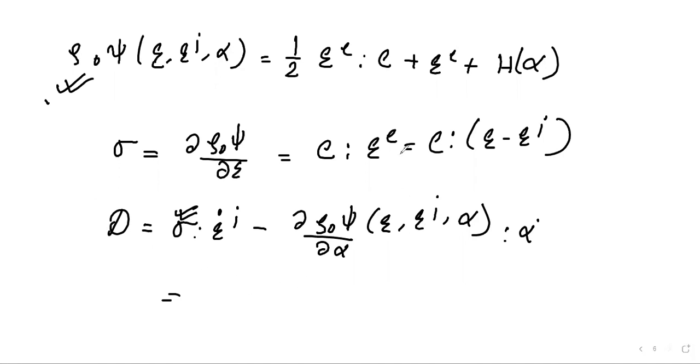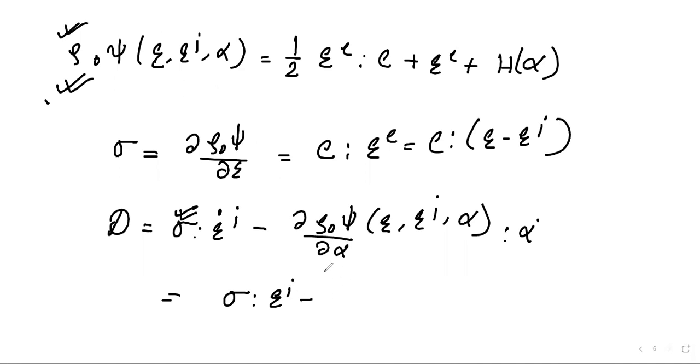We can plug in the expression for sigma, so D gets to the form sigma dotted with epsilon I dot minus the derivative of this function with respect to alpha.